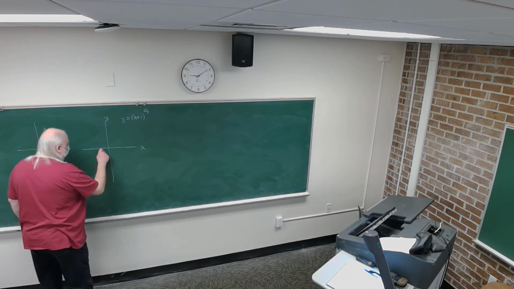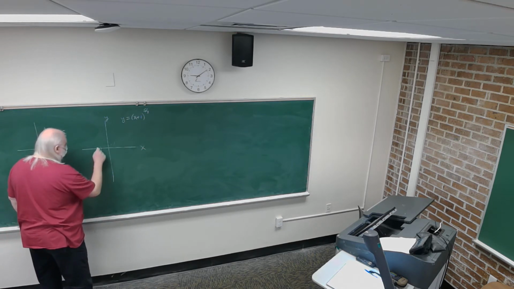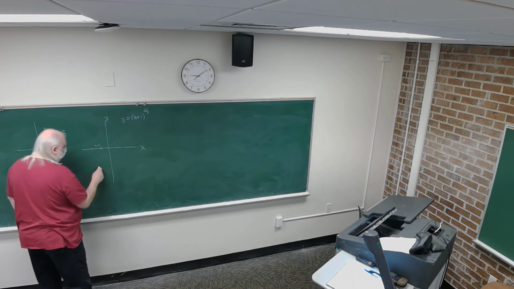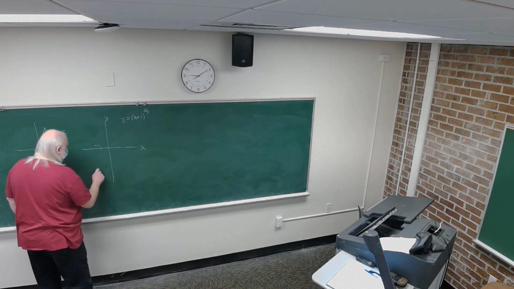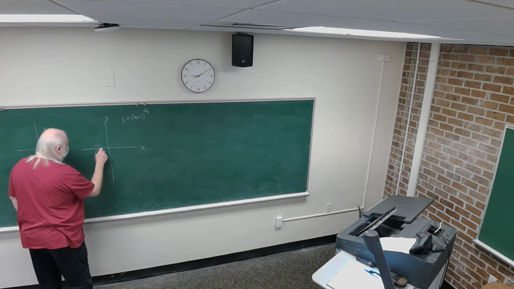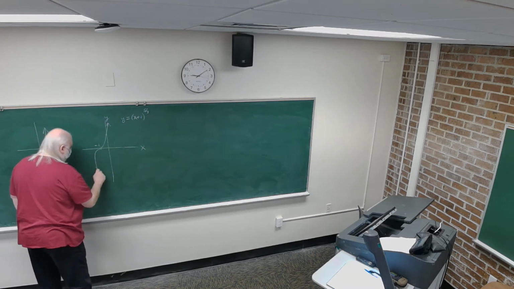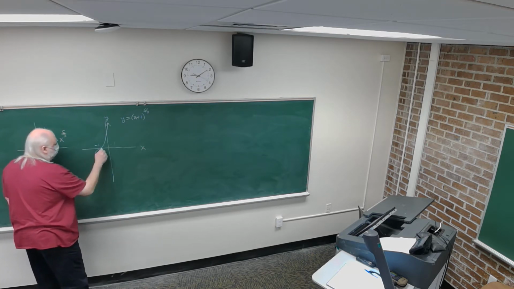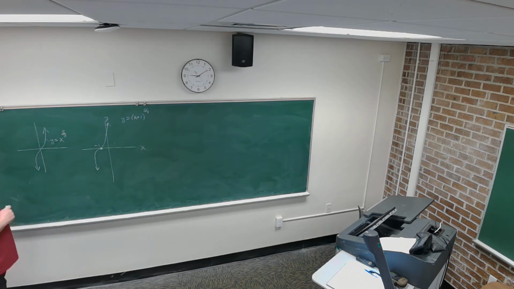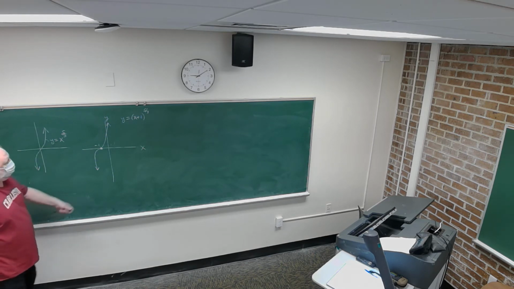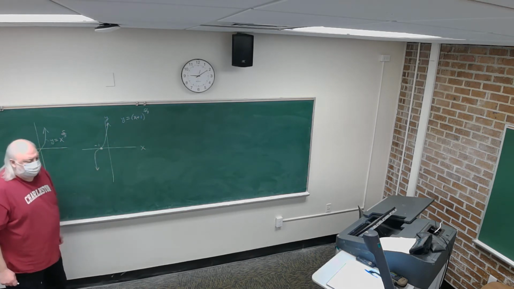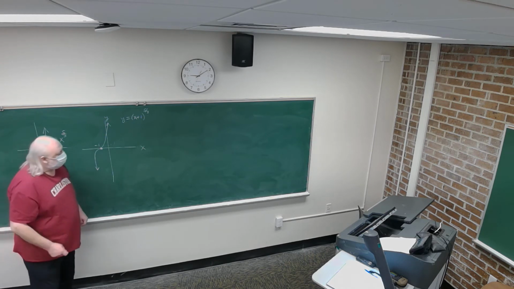So here's -1 on the x-axis. And so now it's going to snake through the point -1, 0 on the x-axis, okay? We shift it to the left 1 unit. And now when we multiply the right-hand side by -1, it flips the graph over the x-axis.